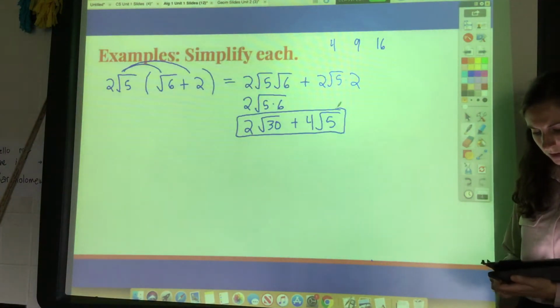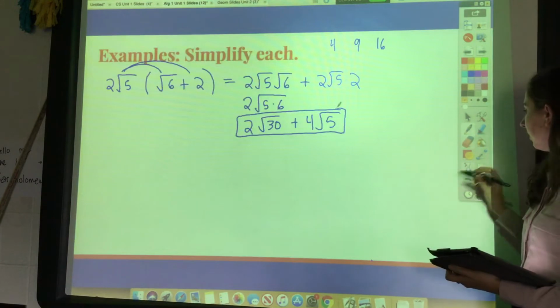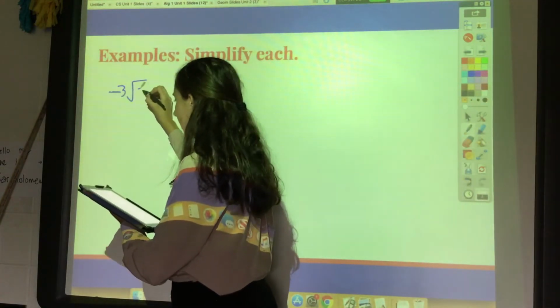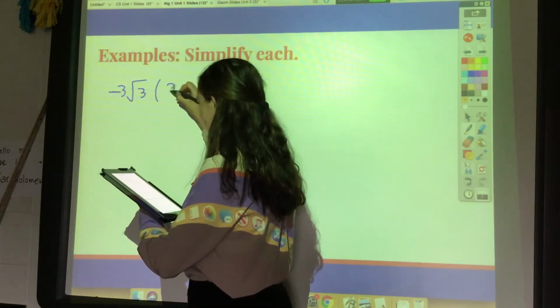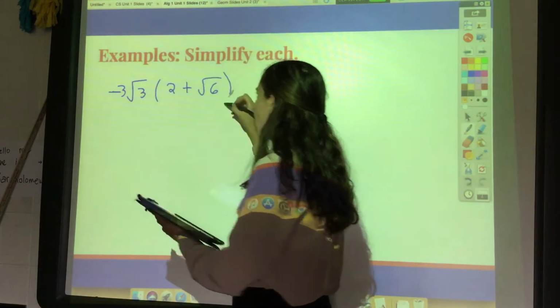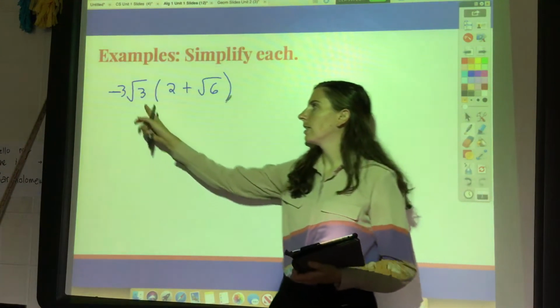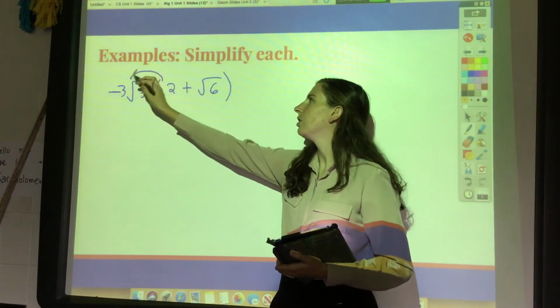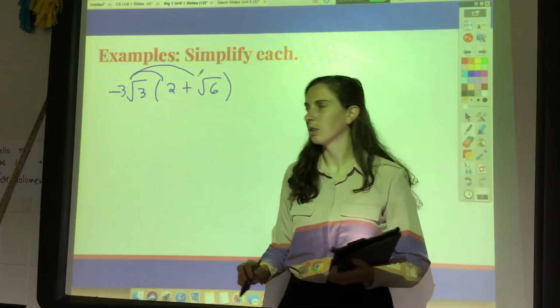Okay, let's try another one. Again, since this is directly in front of the parentheses, it will need to be distributed to both of those terms. You may want to try this one.